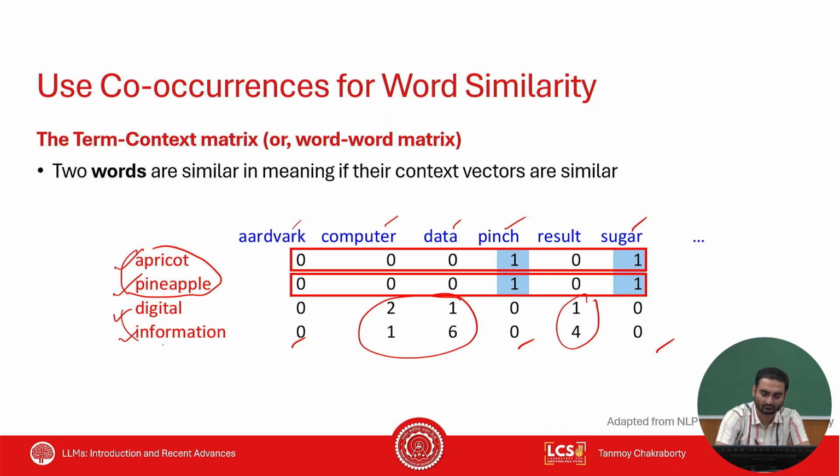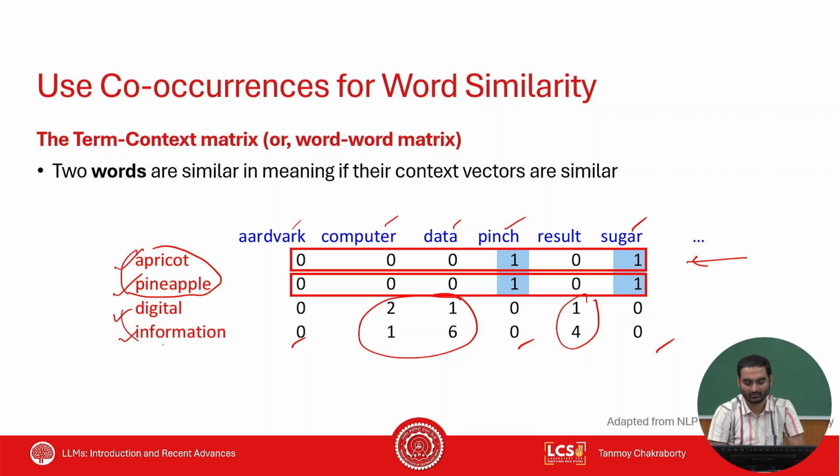So here, what are the problems? The first problem is that again this matrix size can increase with the increasing number of vocabulary terms. The second problem is that the vector size will also be very large. If the vocabulary has, let's say, millions of words, then the size of the vector will be very, very large. And also this matrix is sparse. Most of the entries are 0, right?